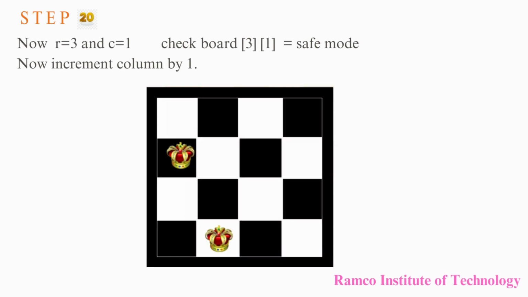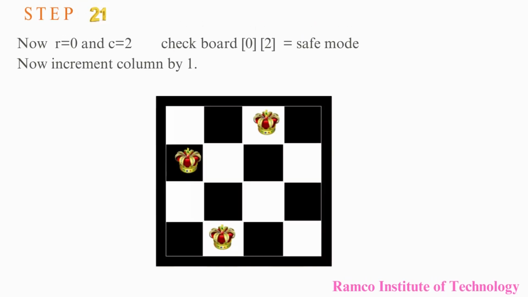In step 20, row value equal to 3 and C value equal to 1. It is in safe mode because it satisfies all the constraints. And now we will increment the column by 1. It's shown in the figure. In step 21, R value equal to 0 and C value equal to 2. So check 0 and 2 position.